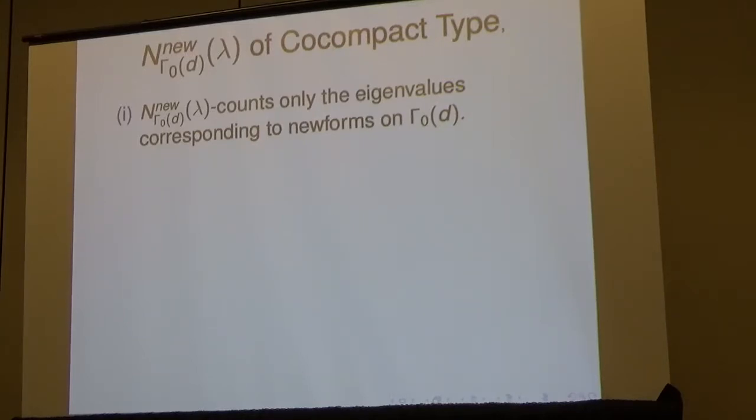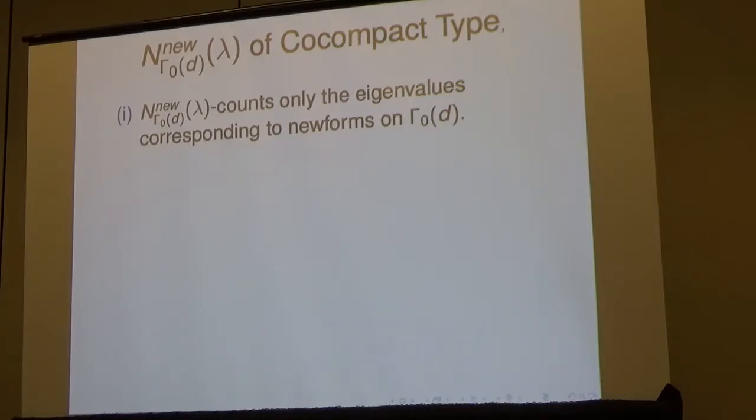What Risager does is he defines a spectral counting function that only counts the new forms on the Hecke congruence group. The idea of new forms is to think of a set of forms in a group, and a subgroup. There are forms that descend to the subgroup that are intrinsically new to the subgroup, and those are the ones we refer to as new forms.